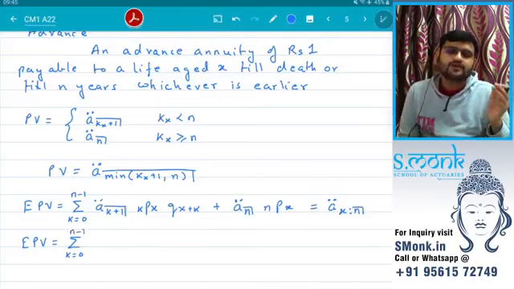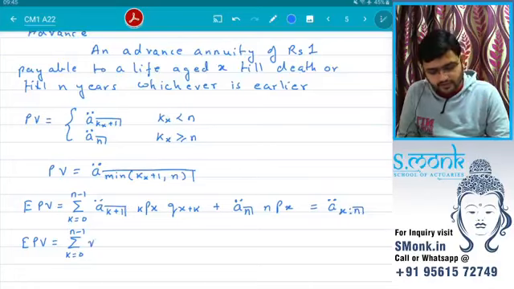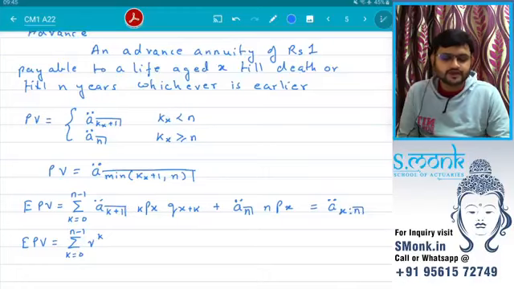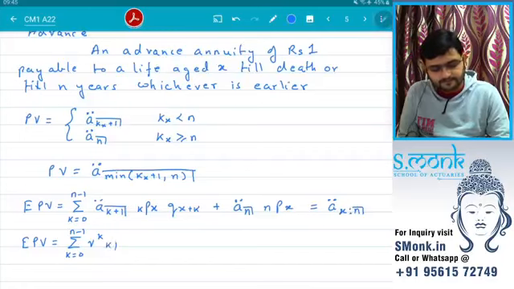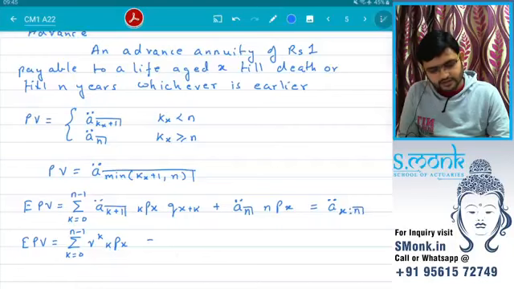So anywhere between time 0 to time n minus 1, the payment would be given at time k to anybody who survives time k. This is also a due x n.